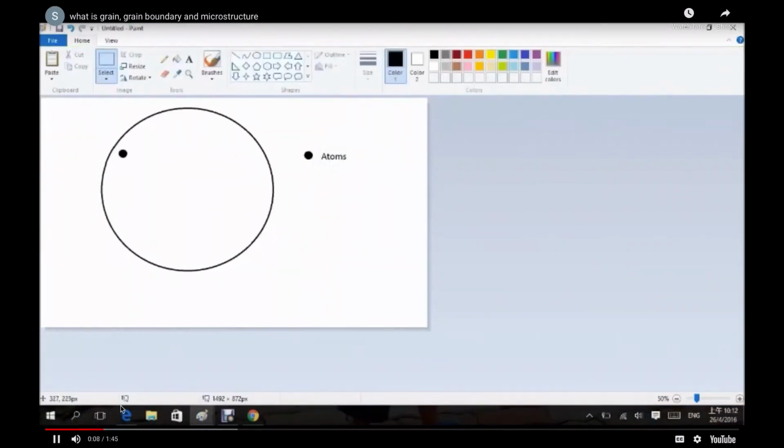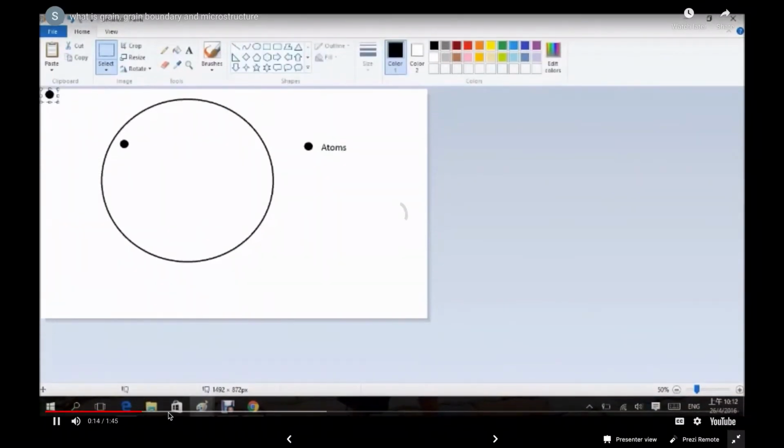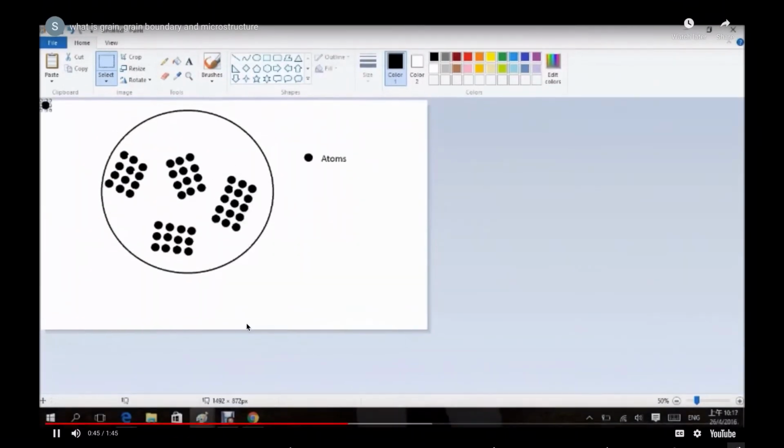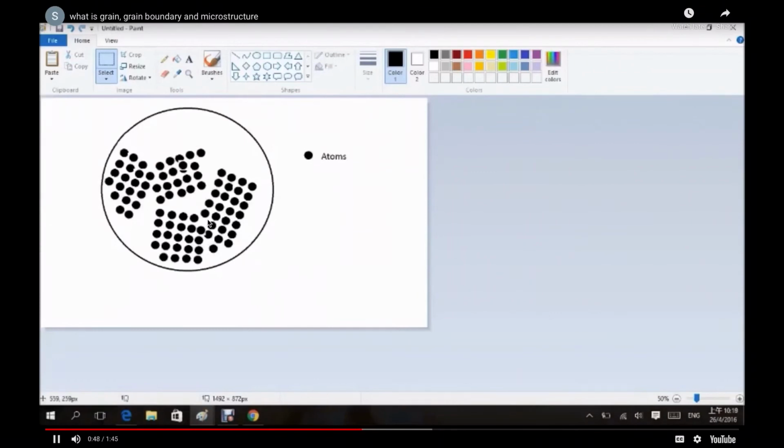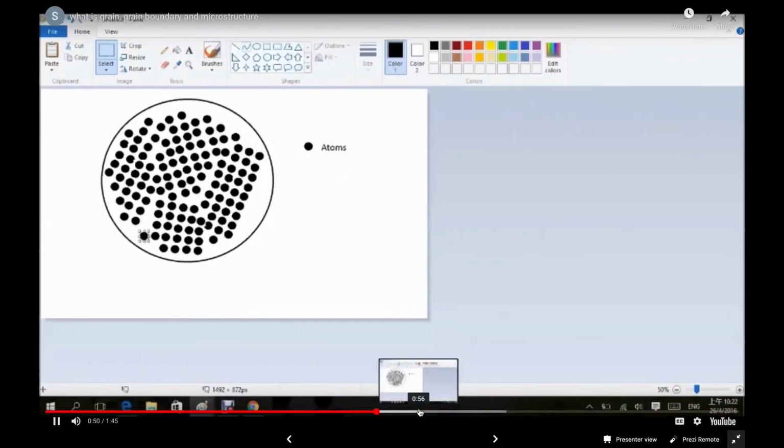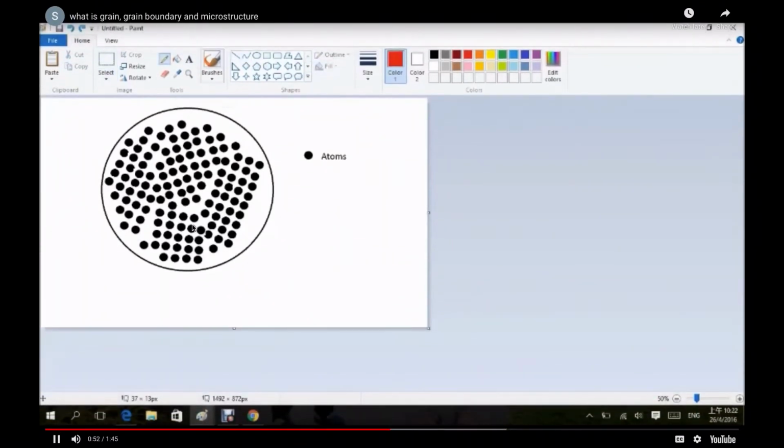I will make it a little bit fast here. You put atoms arranged in particular orders, and you will get a different arrangement. Because of the different arrangement, it will create some line that we call the grain boundary, and this is the grain.